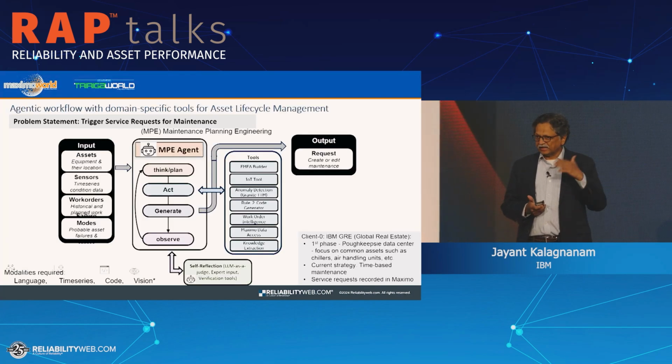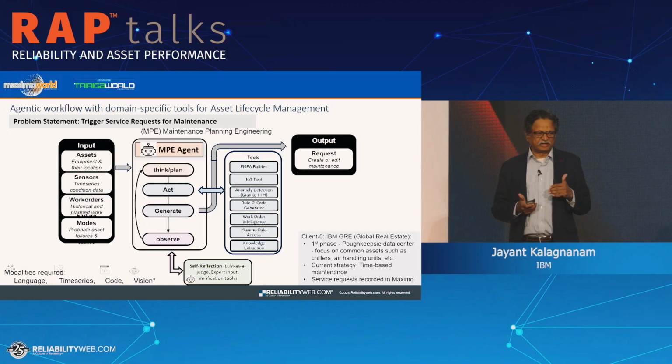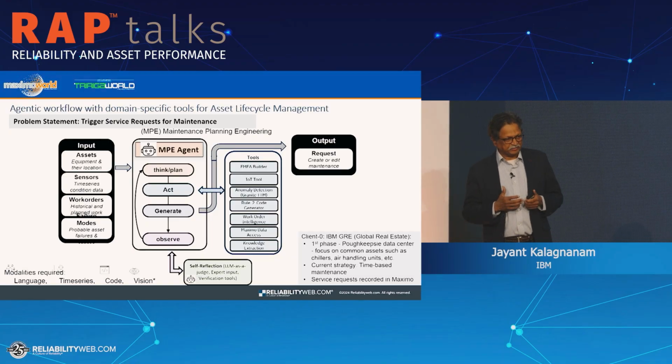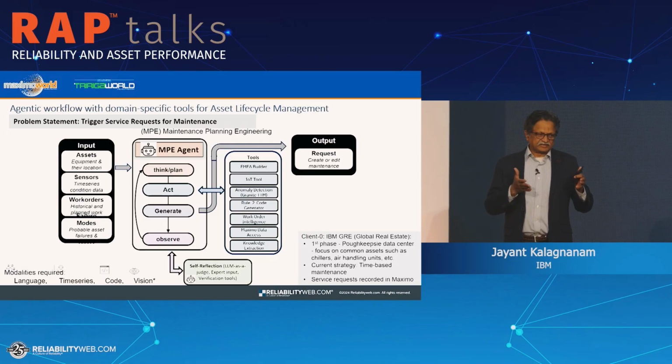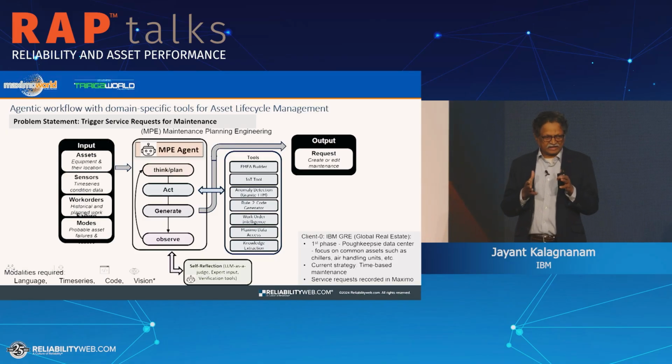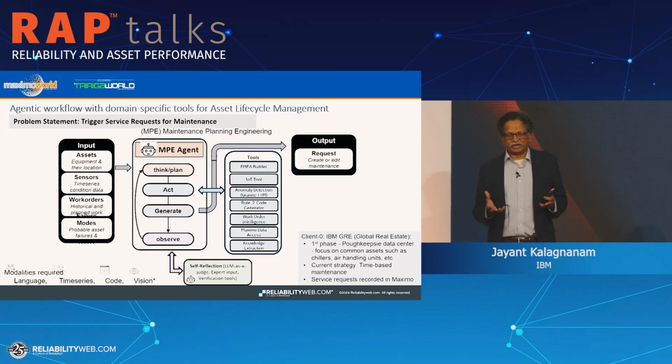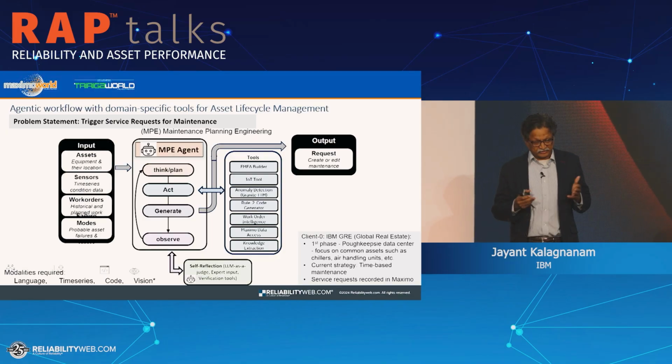Now, let us think about what it means to bring an agentic workflow in the context of asset lifecycle management and CBM. At the center of this picture is a very classic framework of the way we think about agentic flows. There's a think, act, generate, and observe kind of loop.